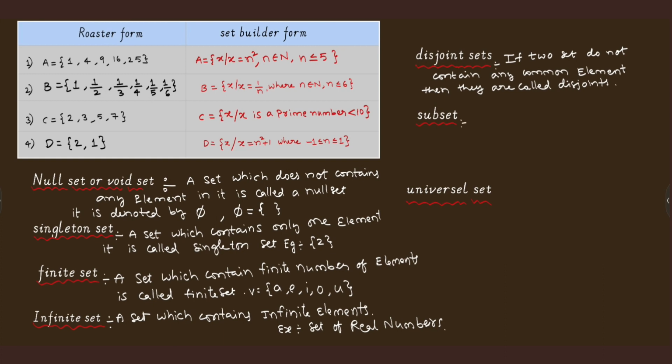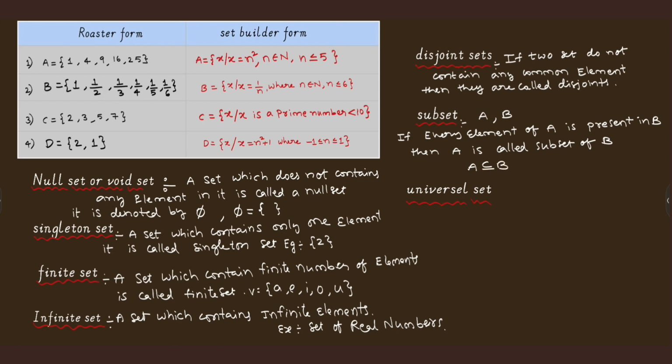Next we have subset. What do you mean by subset? Let's take any two sets A, B. If every element of A is present in B, then A is called a subset of B. At the same time, we also call B a superset of A, and we denote it as A is a subset of or equal to B. This is the representation of A subset of B. Hope you all understood what a subset is.